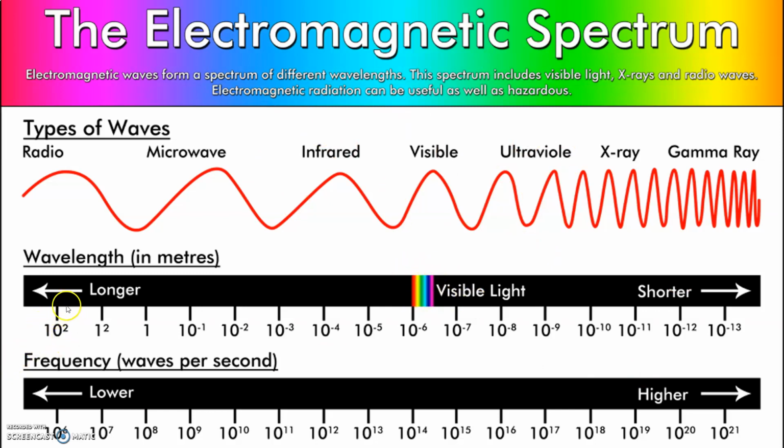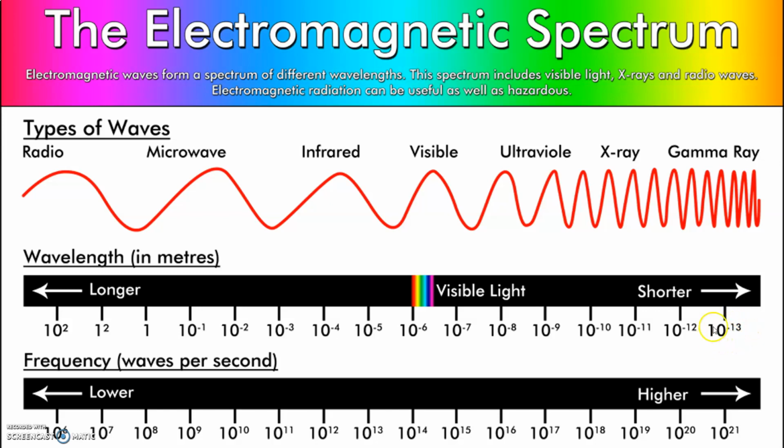Now, there are also numbers involved here, and these are important too. Remember exponents from math? What happens when you have a bigger exponent? We're looking at wavelengths. We've got 10 to the second, which is 10 times 10, 100 meters. Then as it goes down, it gets into negatives, and negatives are very small numbers. If you remember scientific notation, you take your decimal and move it to the left, and you get a very small number. Here we have 10 to the negative 13.